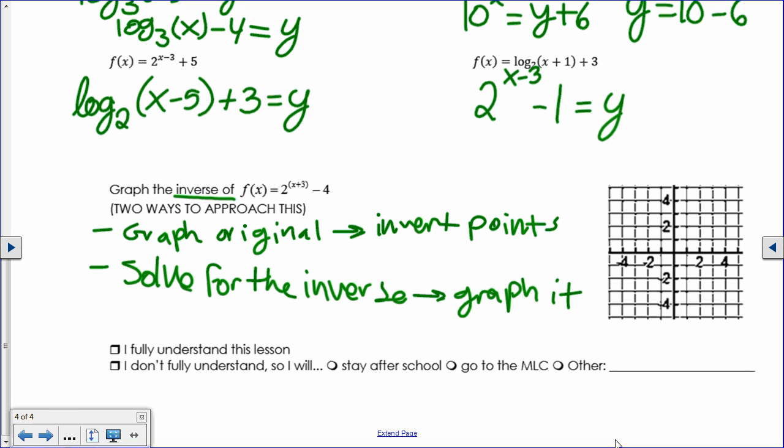If they give you a log and say graph the inverse, you can solve for the exponential because that's easier for you to graph, and then graph that one. So if you would not prefer to graph this, you can always convert it to the inverse form and graph that. So be aware of those two different methods when you see it in the future. That's finding inverses and graphing and analyzing logs.